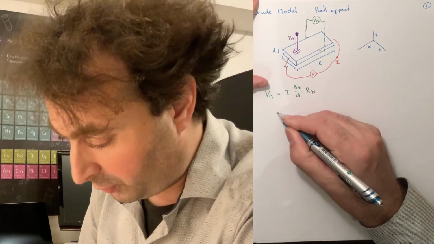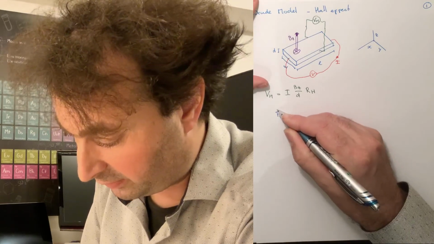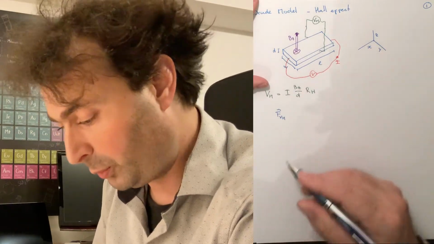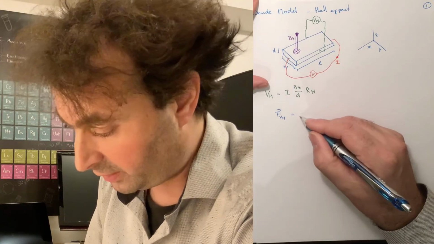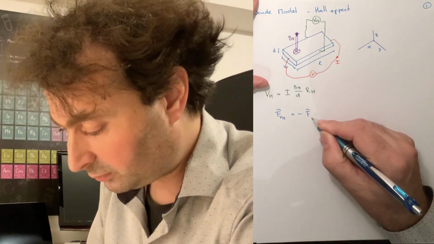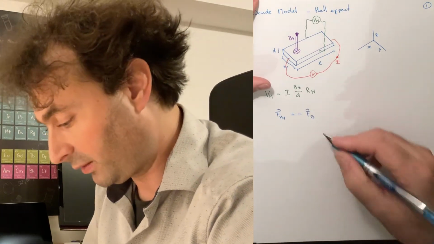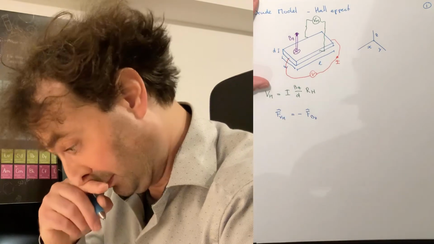As we said before, we have a voltage because of the electrical field of the electrons that accumulate, and that force has to be equal but opposite in sign to the Lorentz force generated by the electrons moving through the magnetic field.